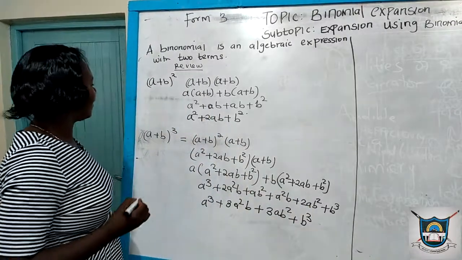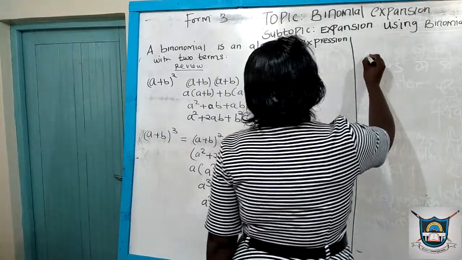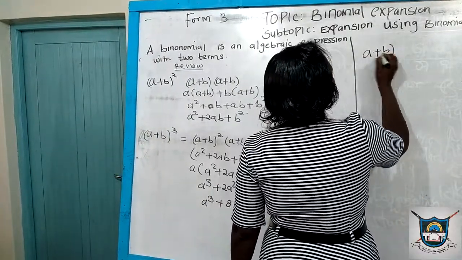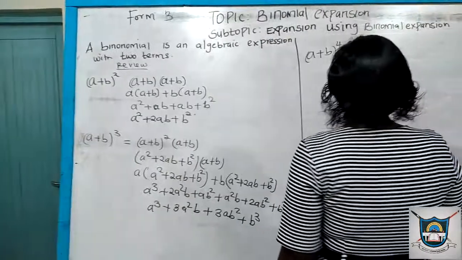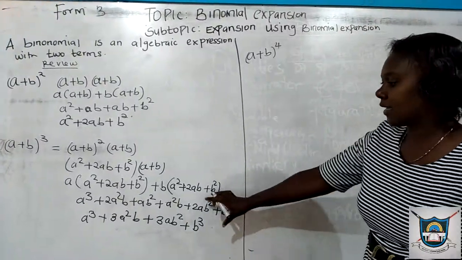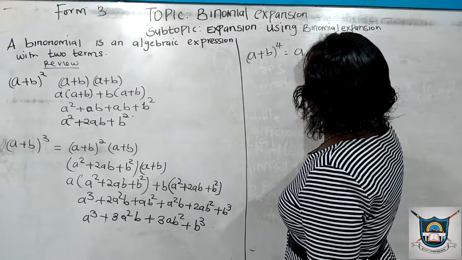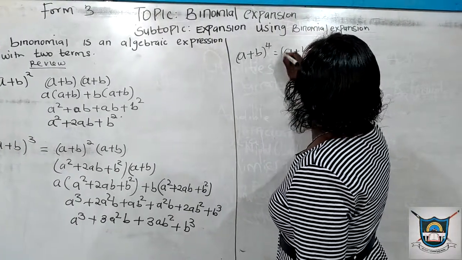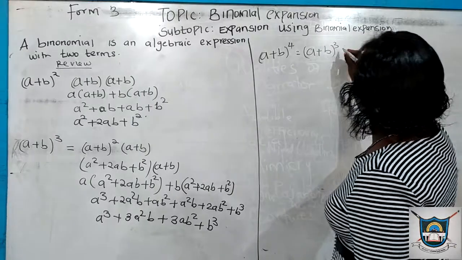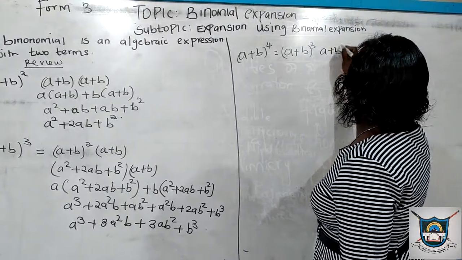We can as well deal with (a + b) to power 4. For this one, we can pick the one for (a + b) cubed, then multiply by (a + b).